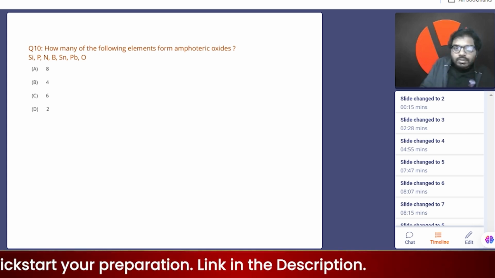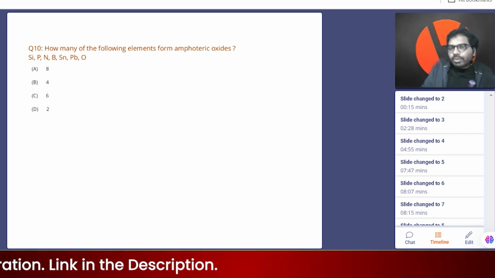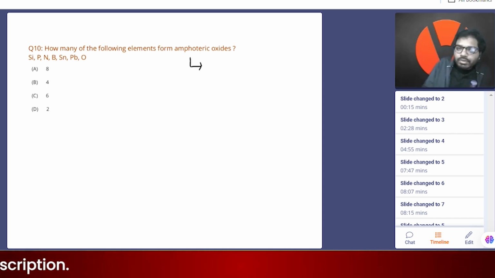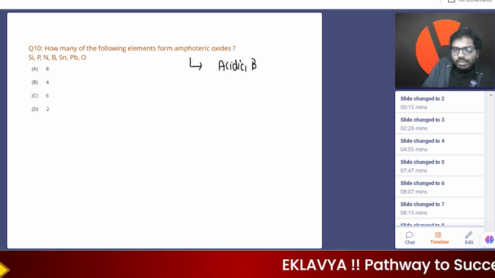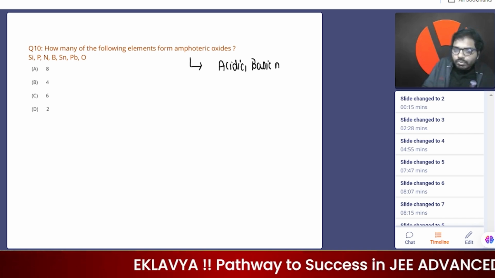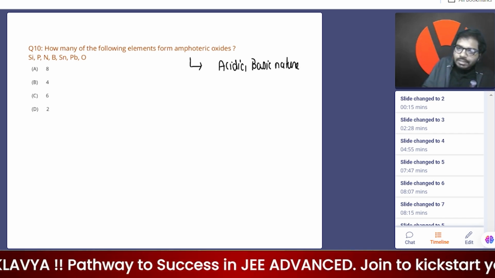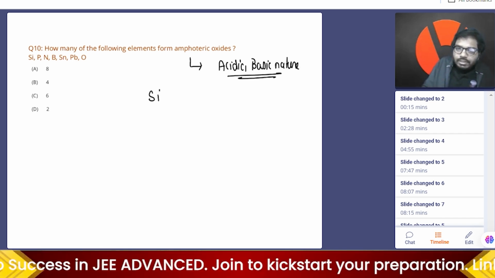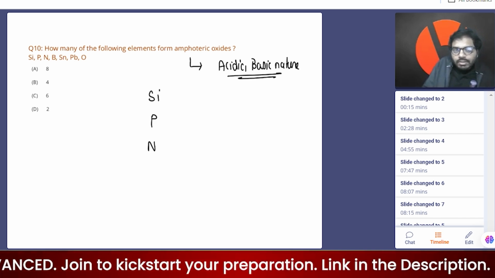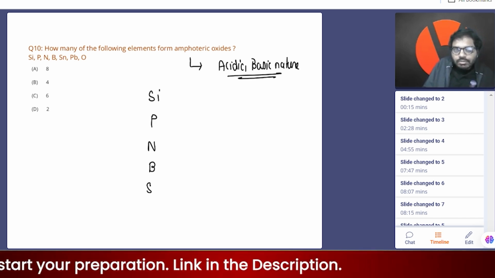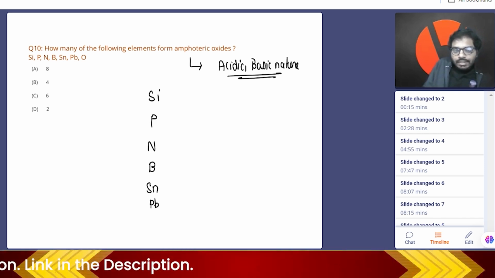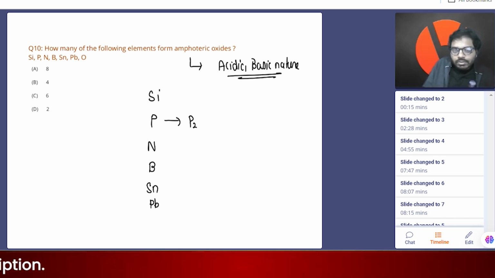Okay. So how many of the following elements form an amphoteric oxide? Amphoteric oxides are those oxides which show both acidic and basic nature. The elements given here are silicon, phosphorus, nitrogen, boron, astatine, lead, oxygen.